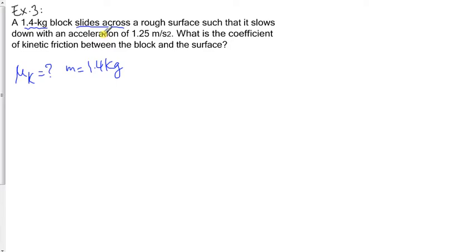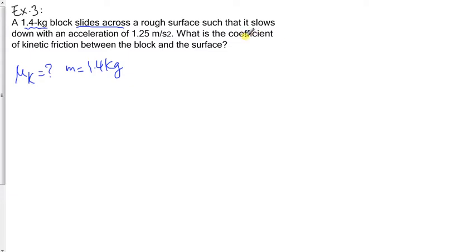Or if you want, the block is given a force of push to put it in motion, then this force is stopped. So as the block slides on the surface, the force of push is not there. The only force acting on it is the force of friction. This force of friction is what is causing the slowing down of the block.